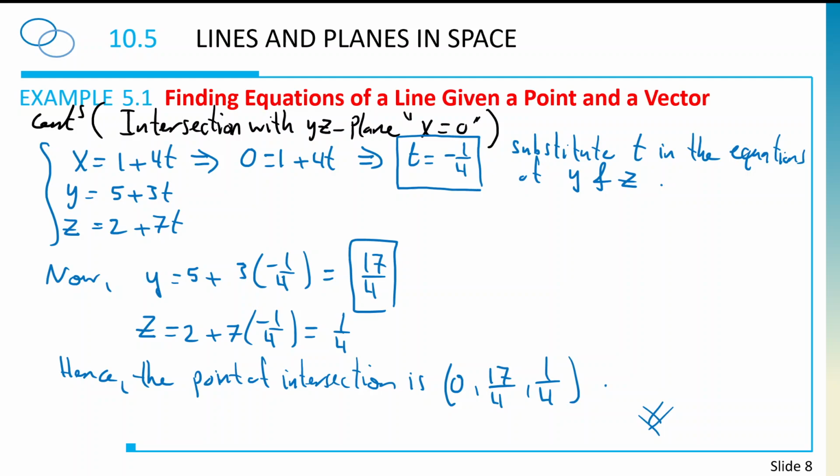Now let's move to something else. For the first part of the lesson, we know that we need to find the equation of the line in three-dimensional space. What's the minimum requirement? I need a minimum of 1 point and a parallel position vector. Let's see another case.